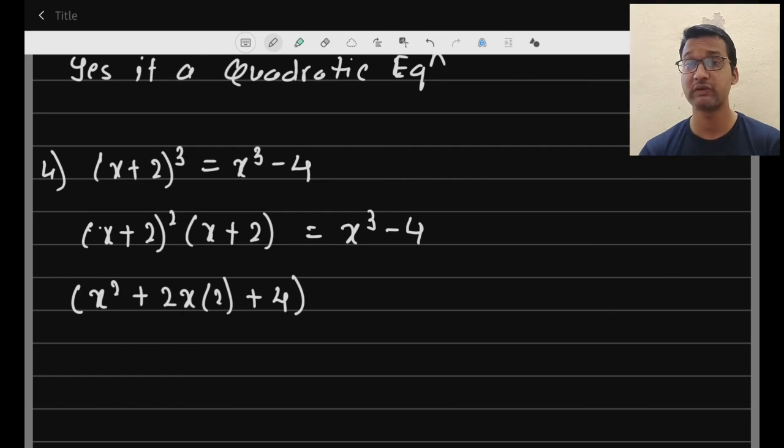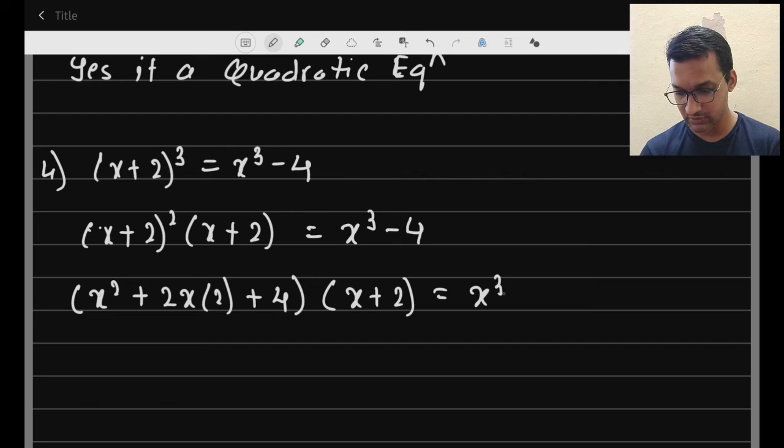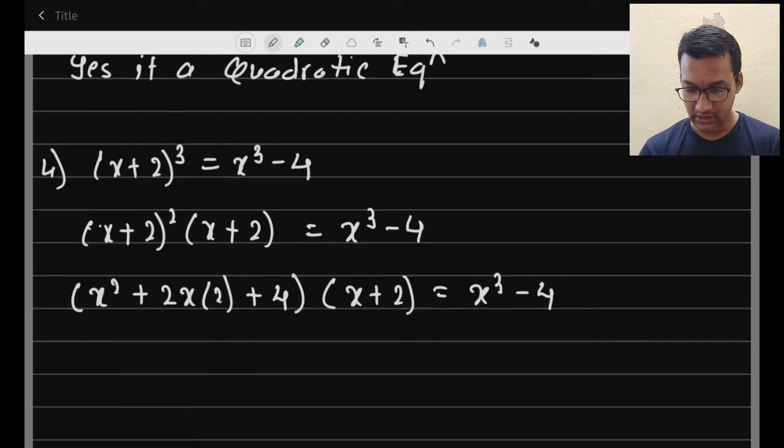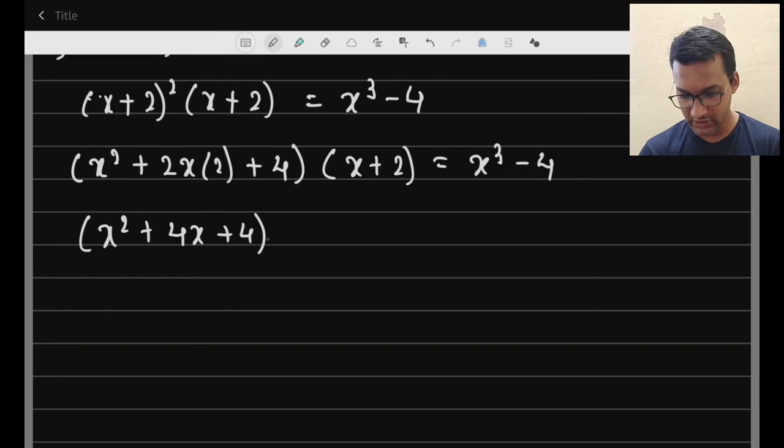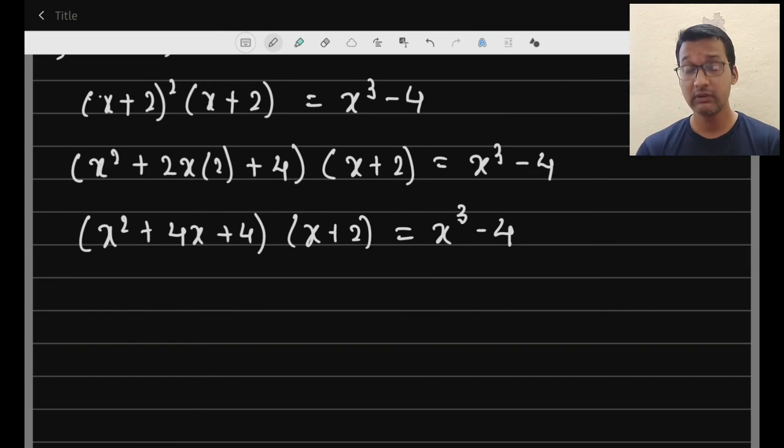That means 2 square, that will be 4. Whole multiplied by x plus 2 is equal to x cube minus 4. Now let us write this: x square plus 4x plus 4 into x plus 2 is equal to x cube minus 4.